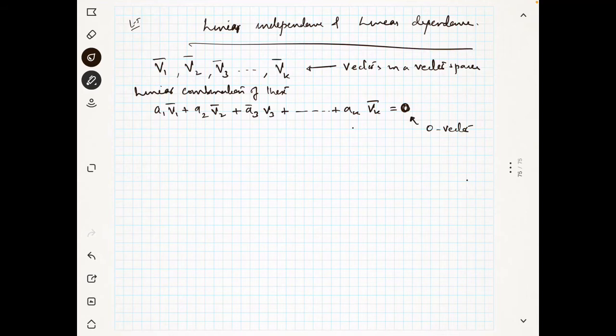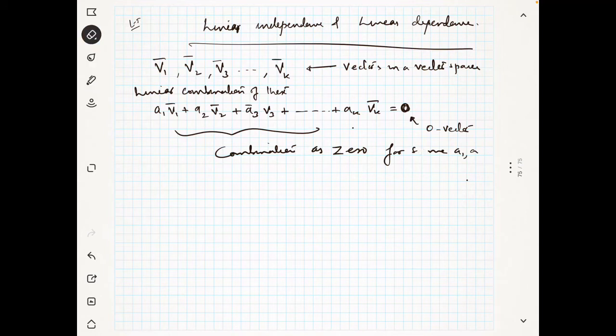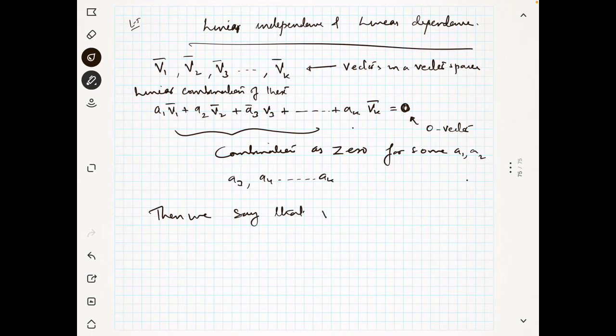If we can write the combination as 0 for some a1, a2, a3, a4, etc. up to ak, then we say that the vectors v1, v2, etc. up to vk are linearly dependent.